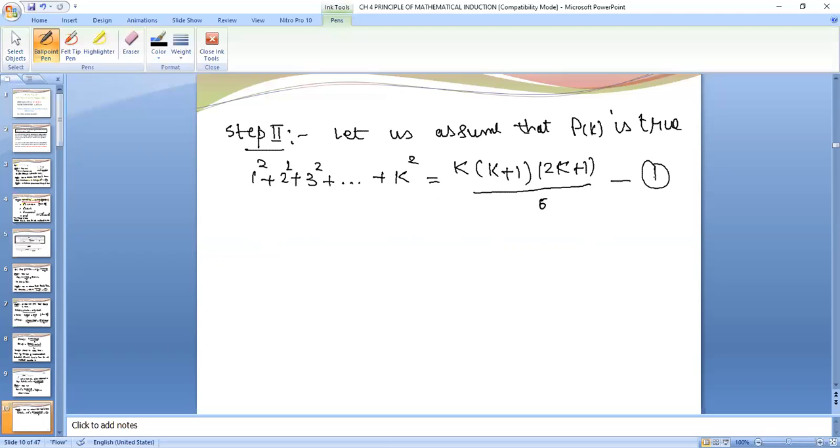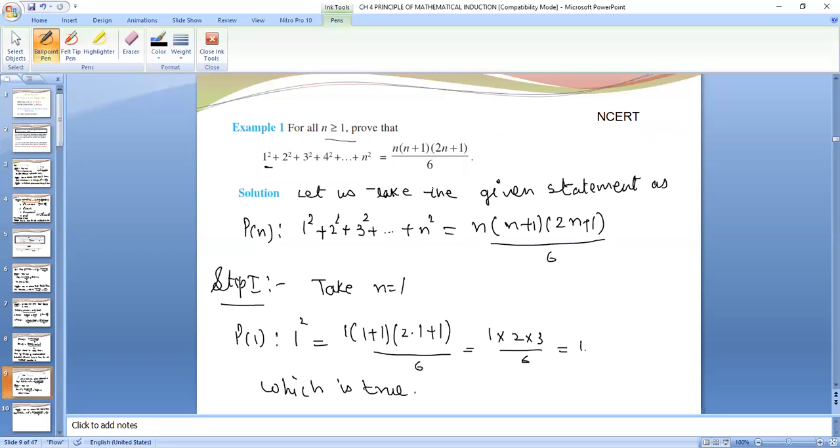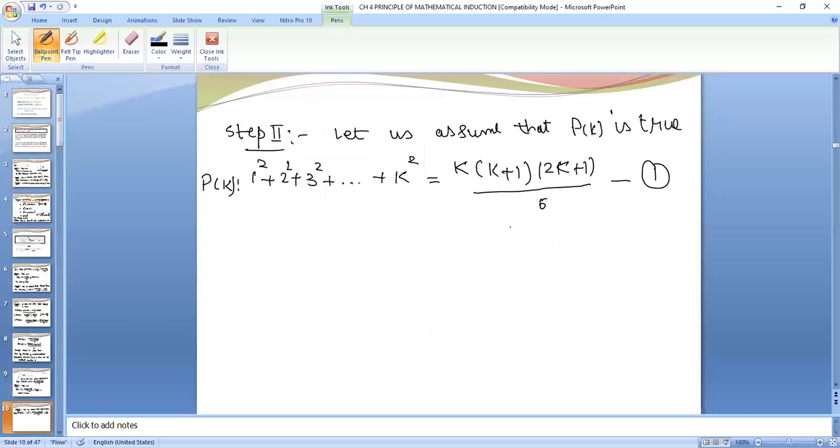This is number 1. We have done nothing but in place of n, we have put n equal to k. So k, k plus 1, 2k plus 1 by 6 we are getting.